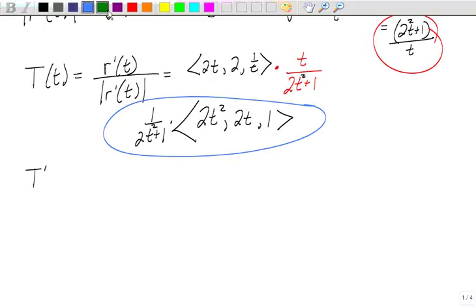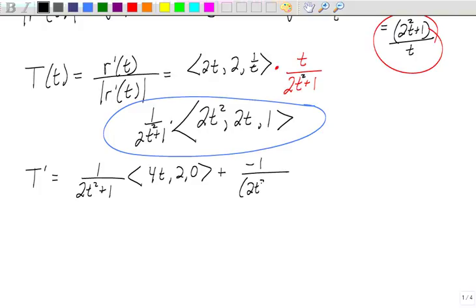To find the unit normal vector, we've got to find T prime, and that is the product rule. So it's 1 over 2t squared plus 1 times the derivative of this plus the derivative of that. Okay, you have to use a chain rule there, so that's here 4t.